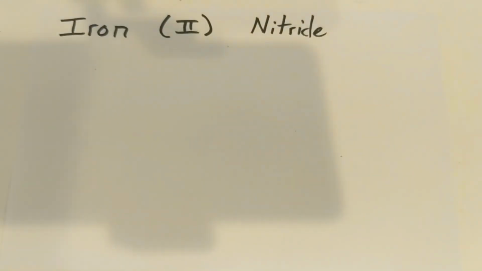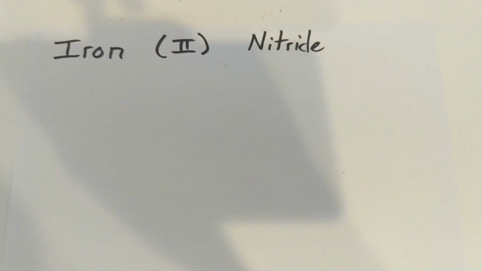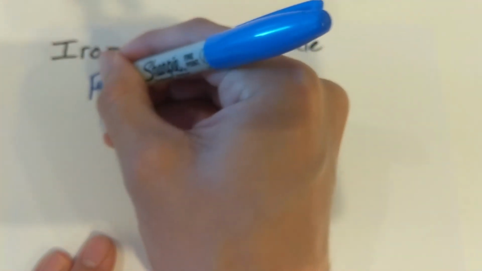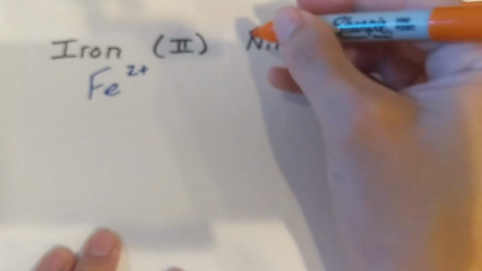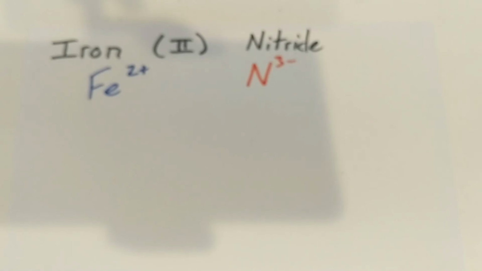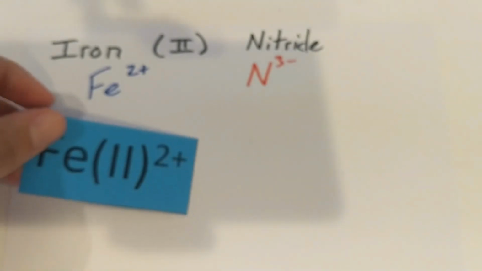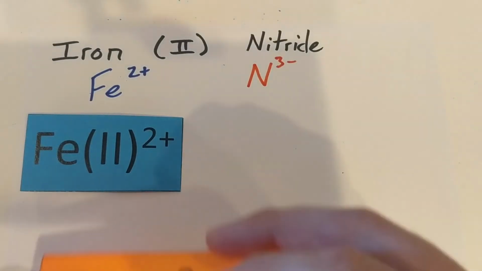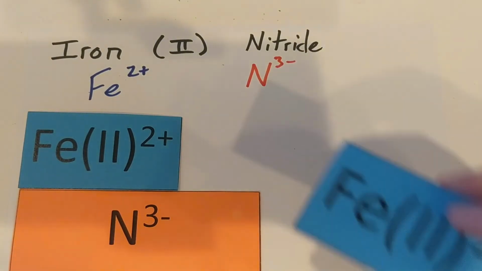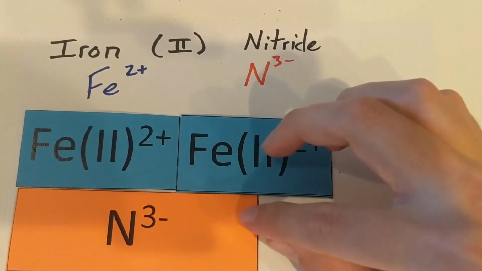And now we'll do our last example. What about iron 2 nitride? So if I have iron 2, that means my charge on my iron 2 is a 2 plus, and our charge on our nitride is 3 minus. So our charges don't balance out, so we can't just have 1 of each now. So we need to add more plus, and that gives us 6.